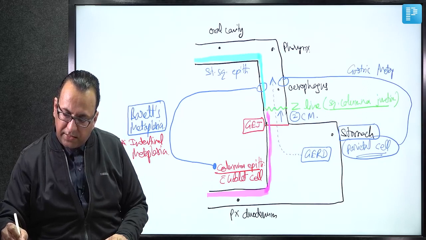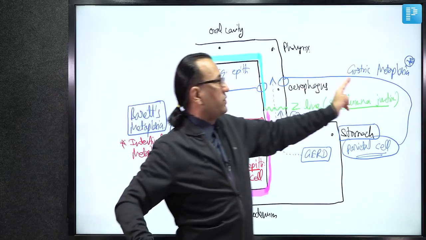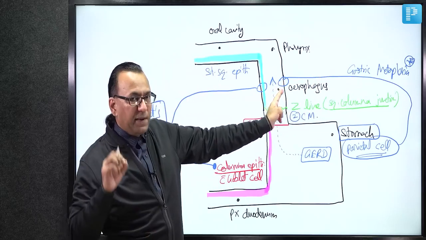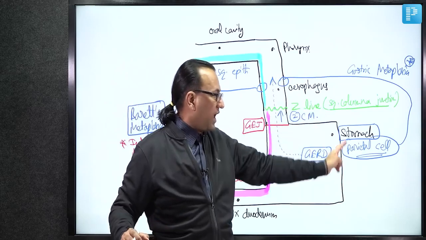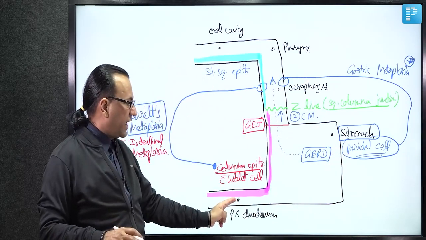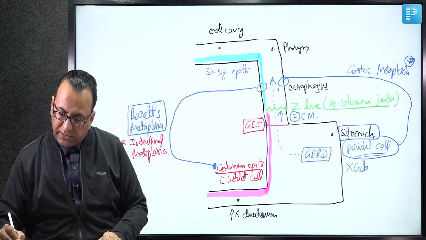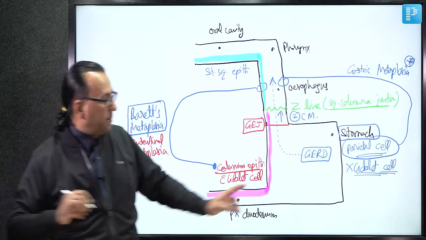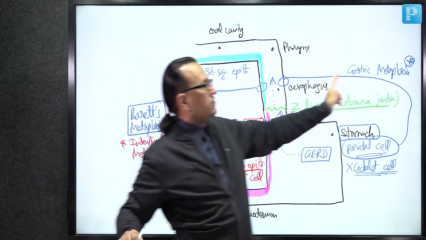But then again, it is a misnomer. And why this time is it a misnomer? Because we could find even the goblet cell here. And normally you do not have goblet cells in the stomach. Goblet cells are in the intestine, not in the stomach. And since the stomach does not have goblet cells, but you found goblet cells in the Barrett esophagus, how can you call it gastric metaplasia?